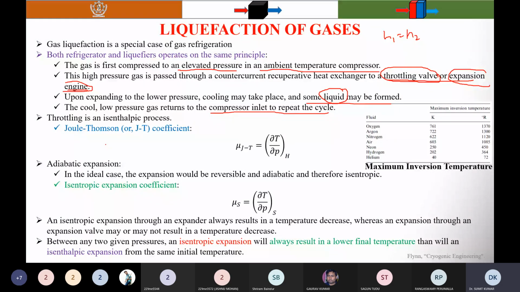One is the throttling process. You know that throttling is an isenthalpic process. Okay, and if you remember, mu JT is equal to the partial derivative of T with respect to pressure P at constant enthalpy.